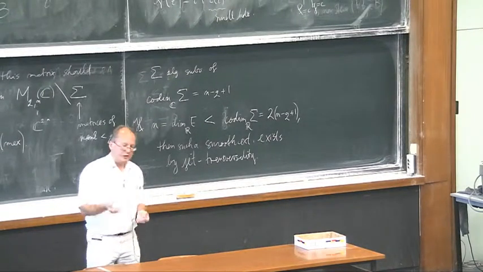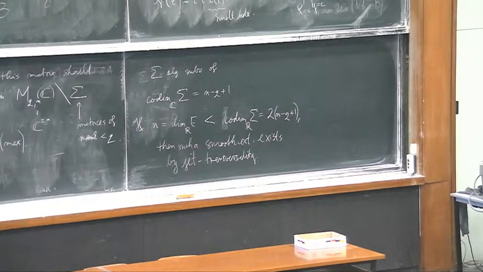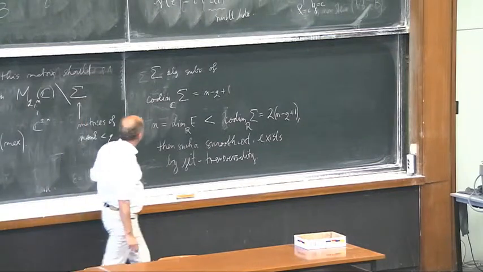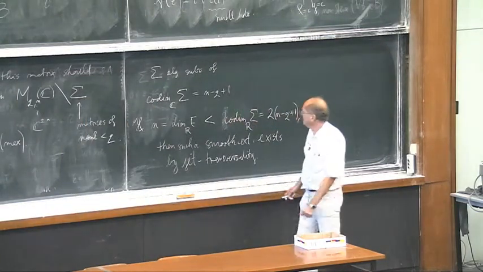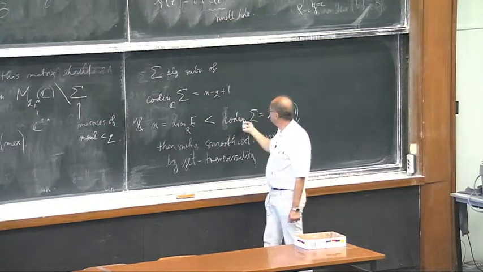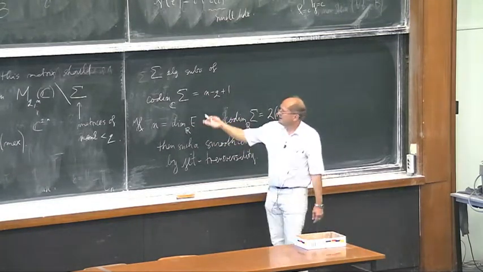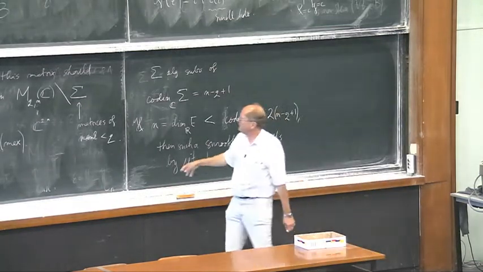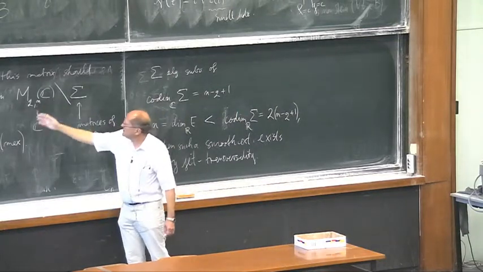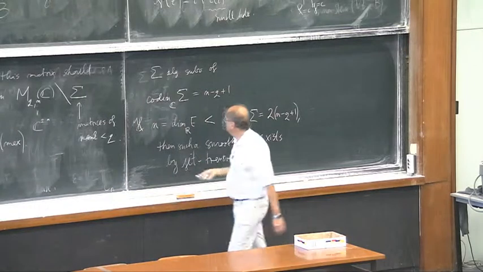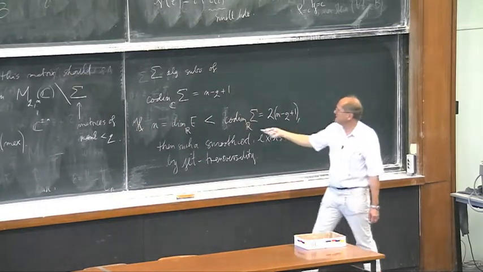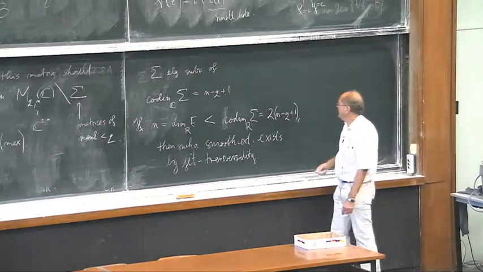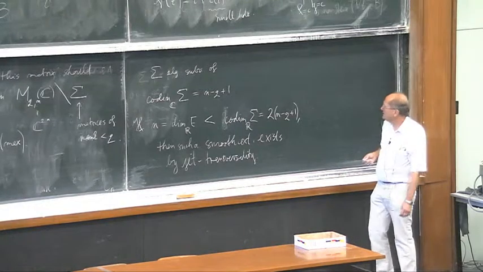But also if you take the jet extension, like the first derivatives, and if in the space of first derivatives you have some obstacle, and if this obstacle is small, meaning that it's a submanifold or subvariety such that the sum of the two dimensions is too small, then Thom's theorem says that a generic map F will have its first jet transverse to sigma. The only way it can be transverse to sigma is that it avoids it, just because n is too small. So n plus the dimension are less than the ambient dimension.